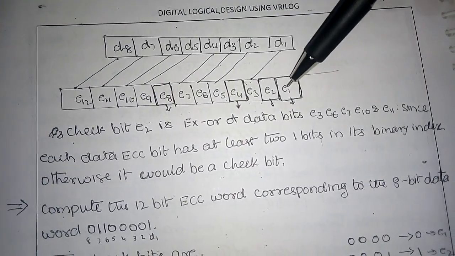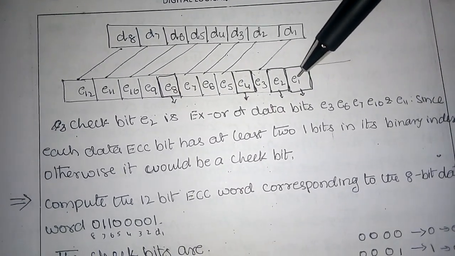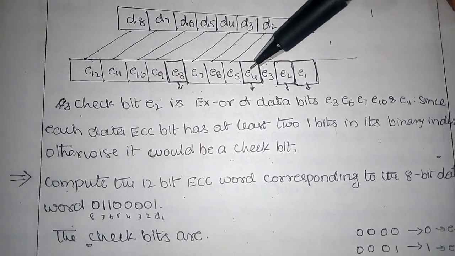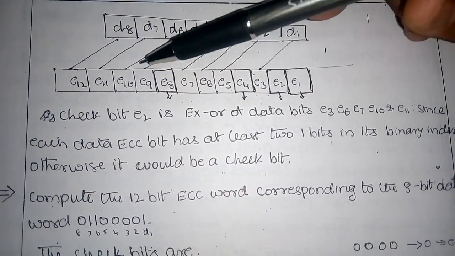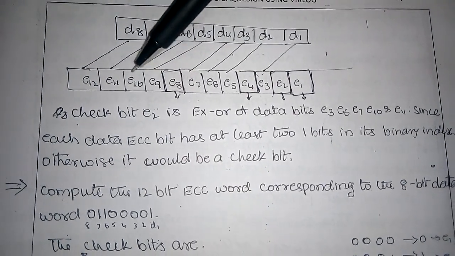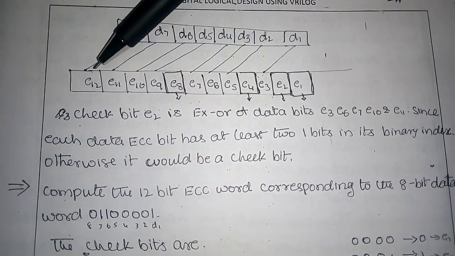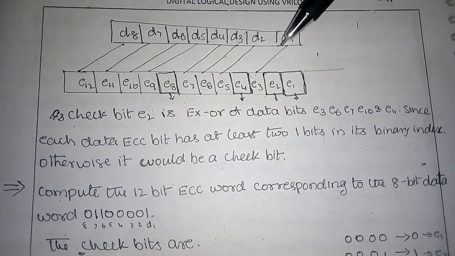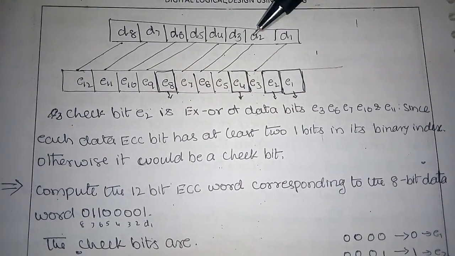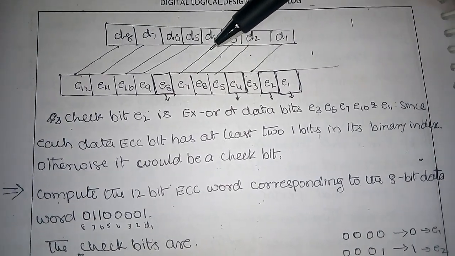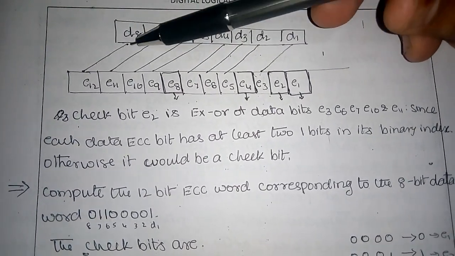For that, the ECC bits are E1, E2, E3, E4, E5, E6, E7, E8, E9, E10, E11, E12. D1 is connected with E3, D2 is connected with E5, and like this each and every bit is connected.